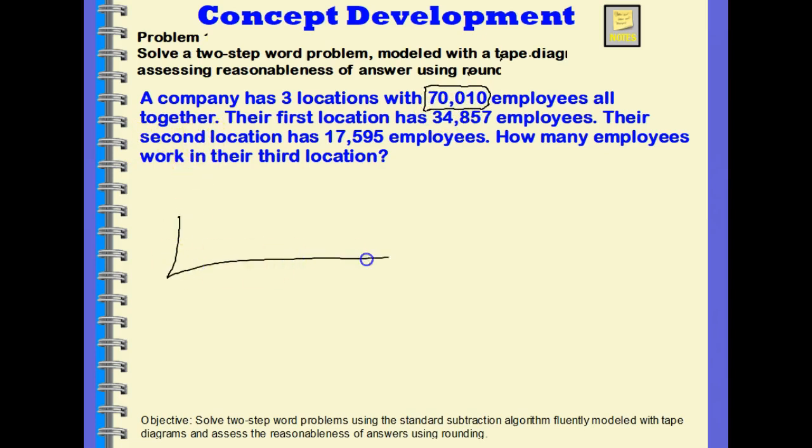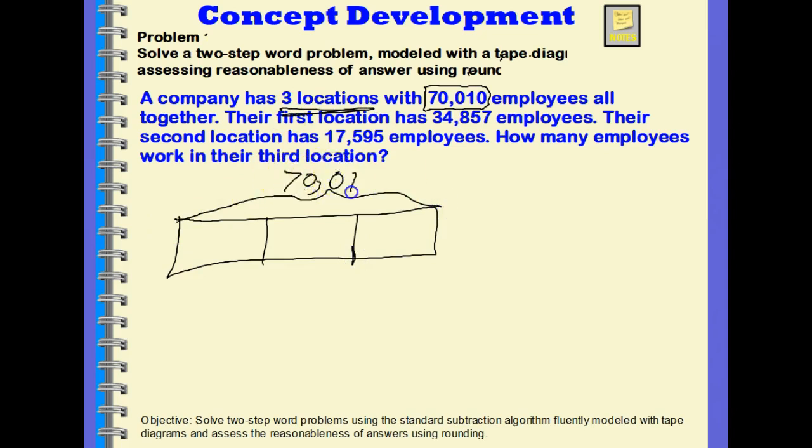Okay, so we have a tape diagram with 3 locations for a total of 70,010. Their first location has 34,857. Their second location has 17,595. How many employees work in their third location? Okay, so it's the same thing we've been doing. We just have to combine these two first.